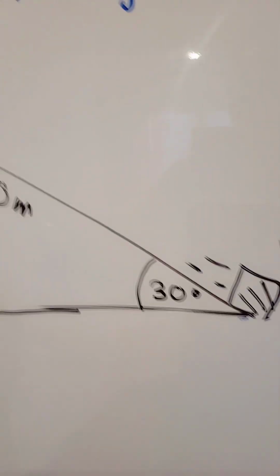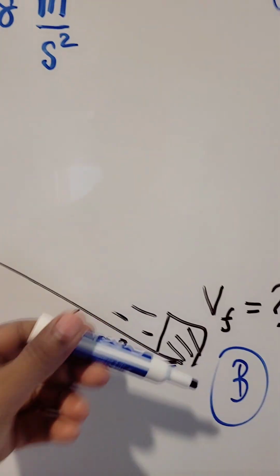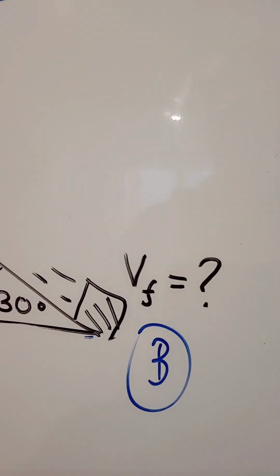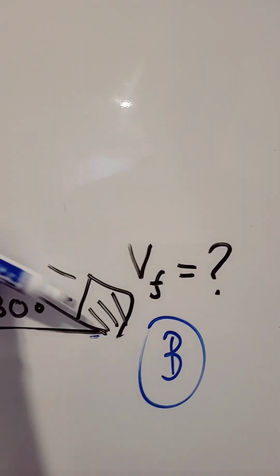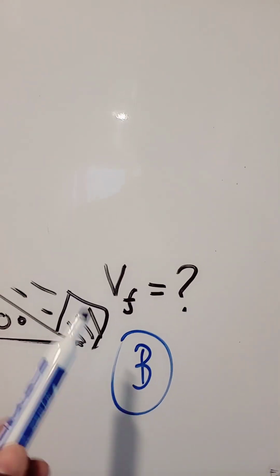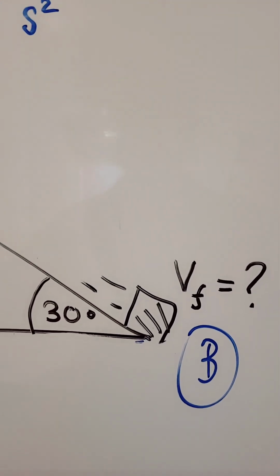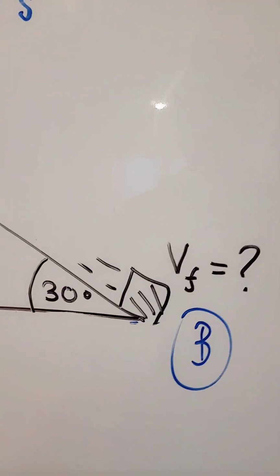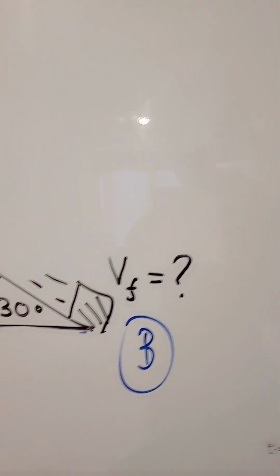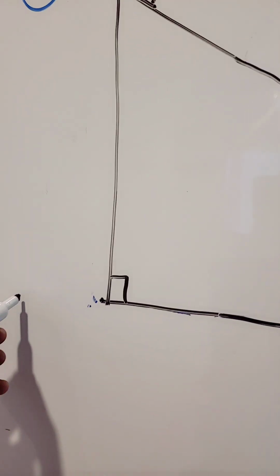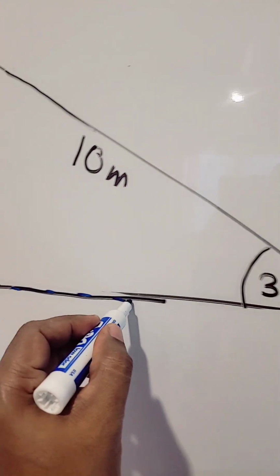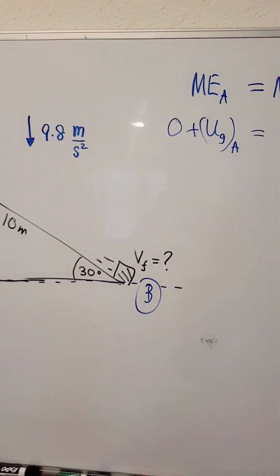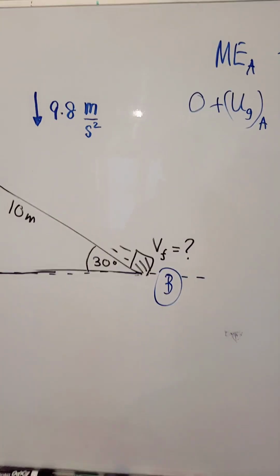And over here, when the object slides to the bottom of the ramp, it's not stopping at that point, it's still moving. So there's kinetic energy over there, but it has reached the bottom of this slope. For convenience, we are going to consider the bottom of the slope to be our potential energy 0 level. It's our reference level.